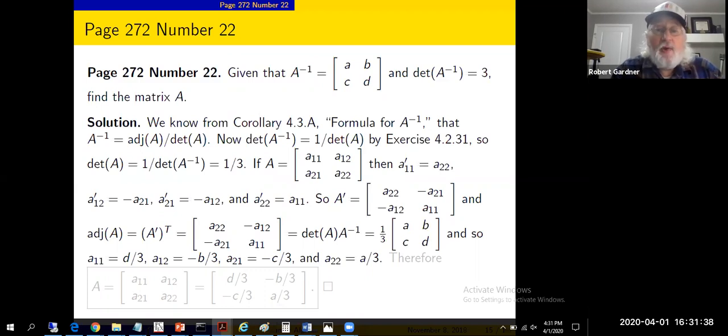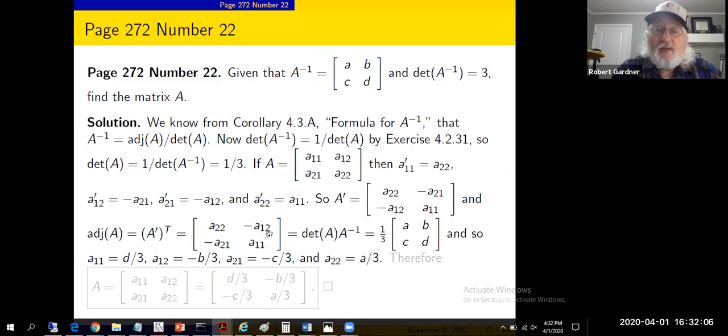Now, if we equate this with this, probably need to take that 1/3 inside, then we can find A sub 2, 2. This entry, A22, will equal A over 3. This negative A sub 1, 2 will be B over 3.